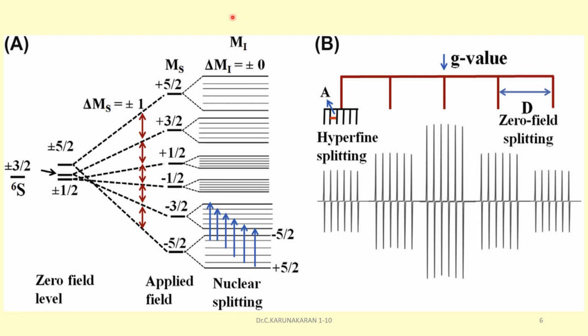So this is due to nuclear spin splitting. Therefore, plus 5 by 2 is the ground state. You see, this is plus 3 by 2 to minus 3 by 2, plus 3 by 2 to plus 3 by 2. Therefore, based on the delta MI equal to 0 selection rule, there are 6 lines, 1, 2, 3, 4, 5, 6, observed for each of the fine structure lines.